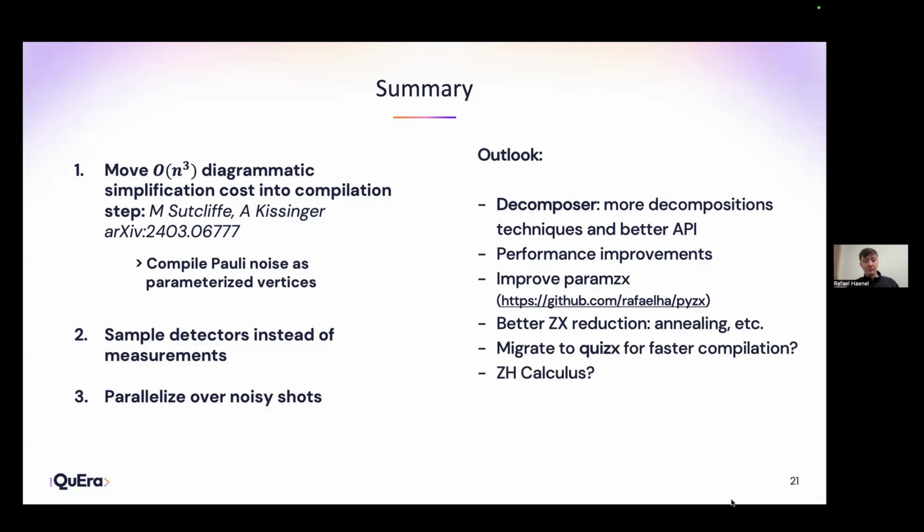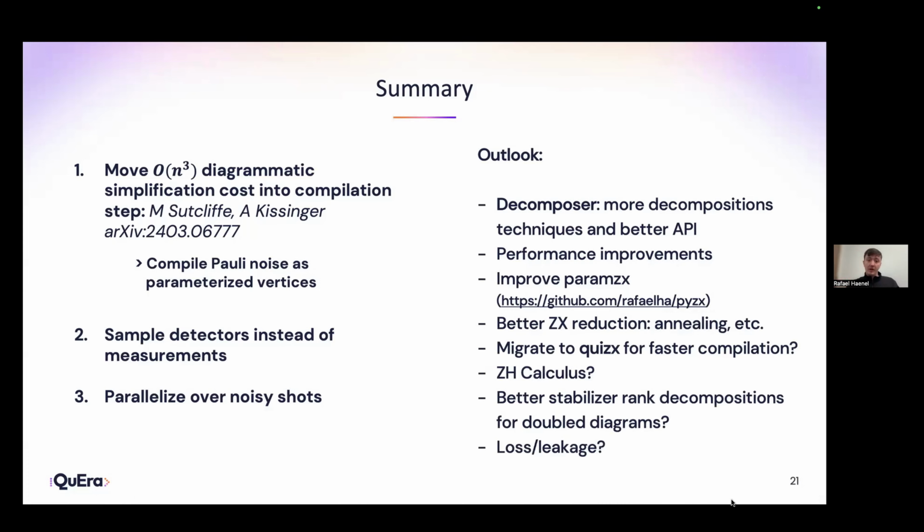You could think about migrating to QuiZX, considering ZH calculus for a better representation of Toffolis. And maybe there are also better stabilizer rank decompositions, especially since we always have to work with double diagrams to reflect traces and measurements.